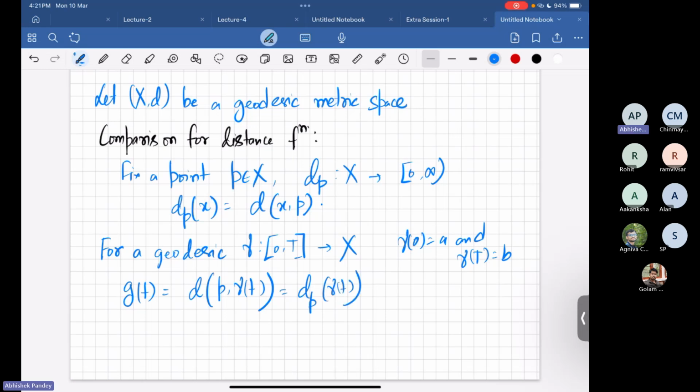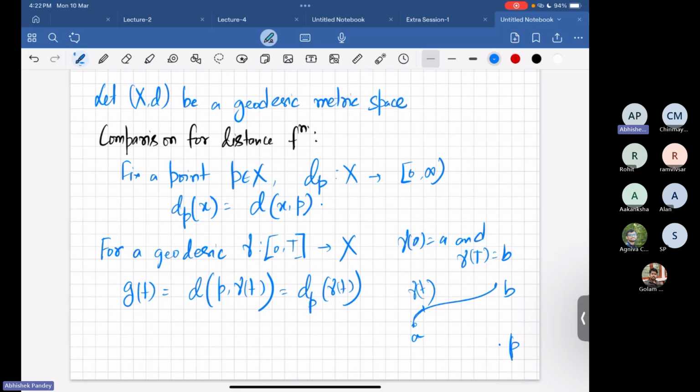So we have 2 points A comma B, and we have a geodesic joining them. P is somewhere in the metric space, and we are just taking the distance between P and gamma of t at a particular t.